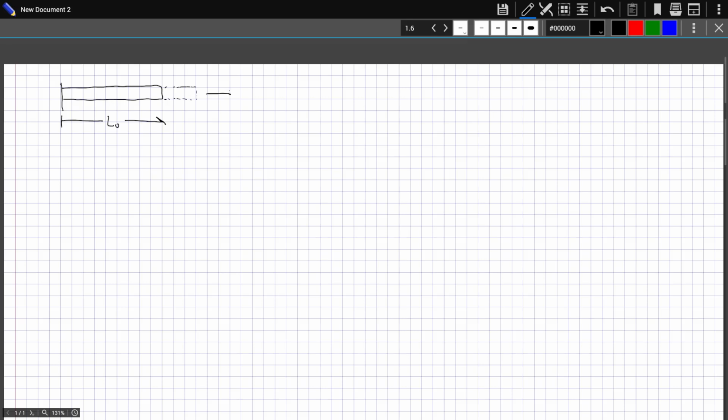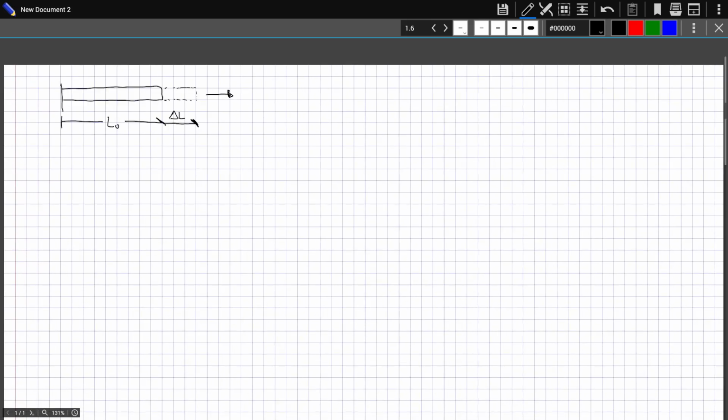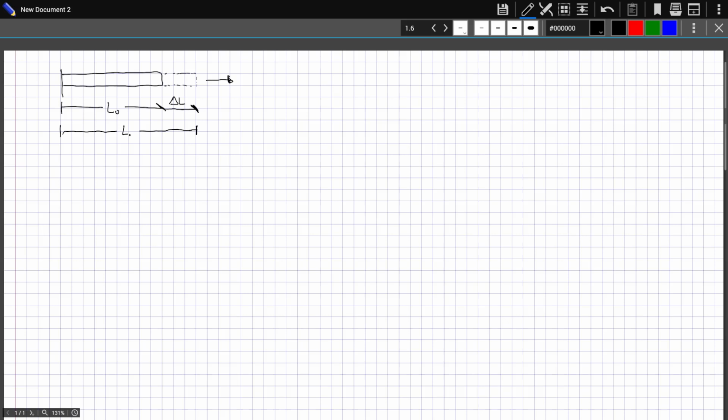So we'll pull on it on the end and deform it, and the deformation here we'll call delta L, and then the total length we'll call LF.